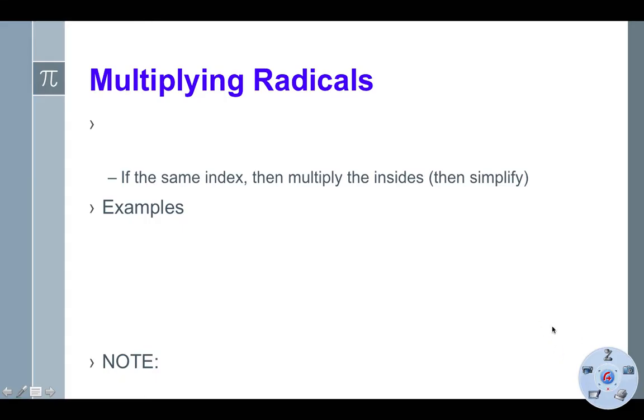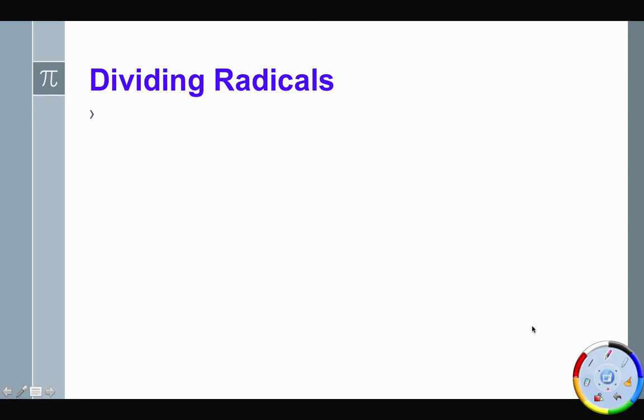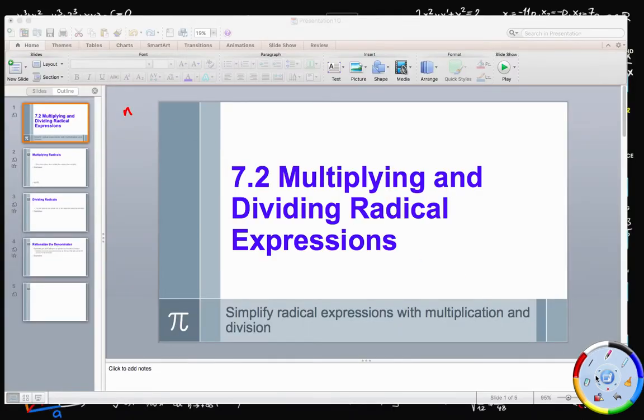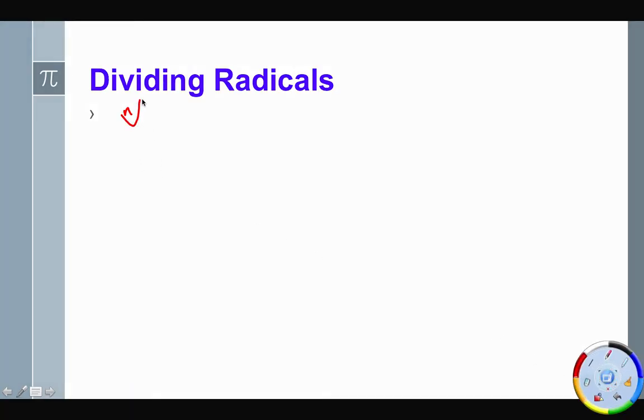The multiplication. Let's take care of the division. Division is the same kind of idea. The property is almost exactly the same. If we were to take the nth root of a divided by the nth root of b, I can rewrite this as the nth root of a fraction.